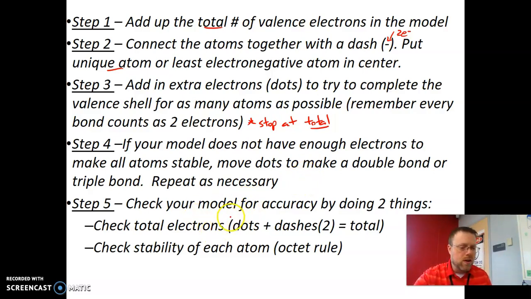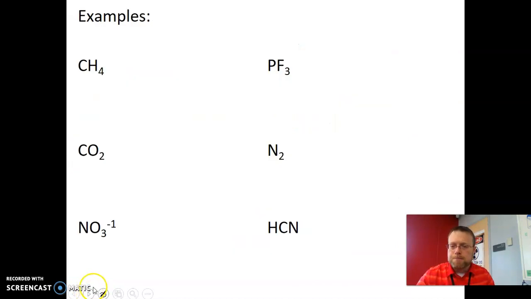Check and make sure your total electrons, your dots and your dashes, add up to the total that you got in step 1, and you haven't accidentally put any extra electrons in there or taken any out. And then you also want to make sure that around every single atom in your molecule, all the atoms are stable. Okay, you followed the octet rule or possibly one of the other broken rules, but we'll get into that later.